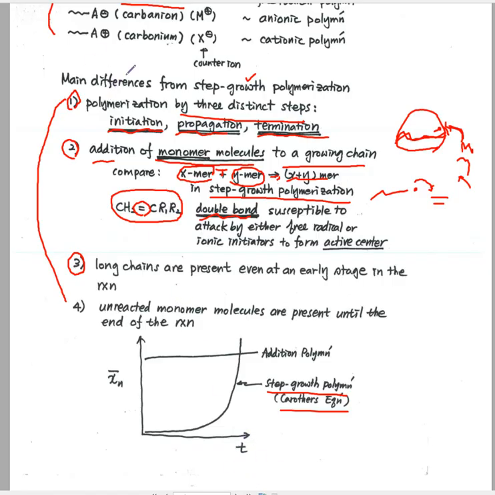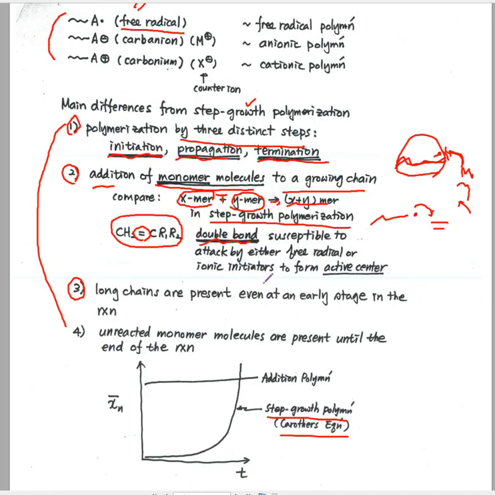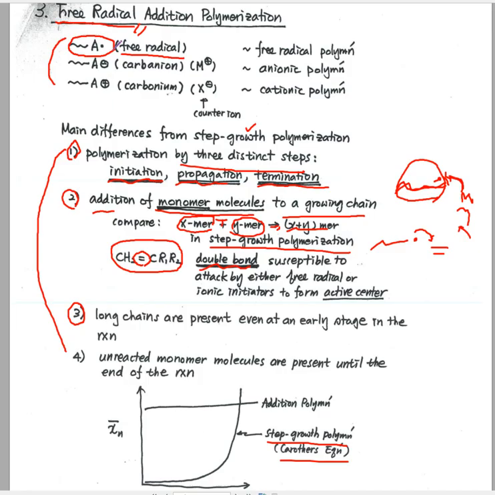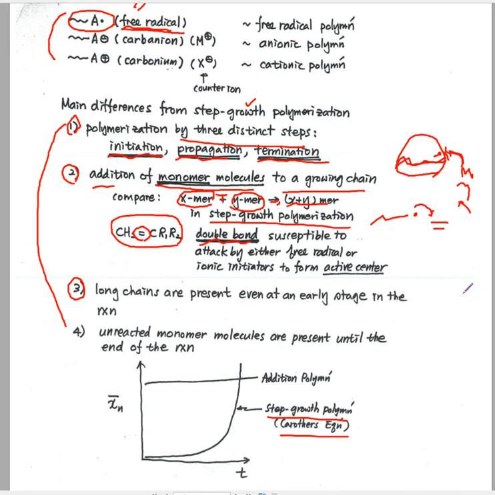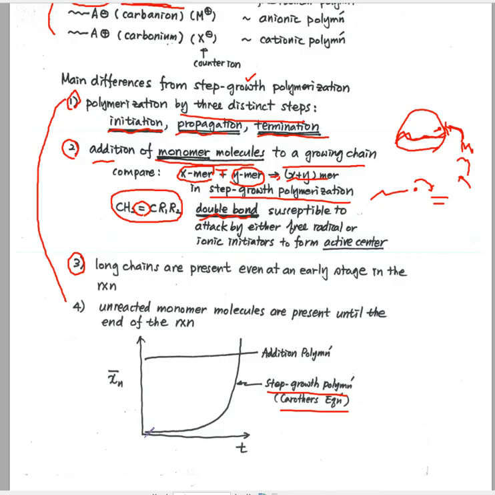But in free radical polymerization, we have free radicals, and if you recall from organic chemistry class, free radicals are highly reactive species. So they can attack monomers really quickly, one by one, in a much shorter time. So even at an early stage, even after a short time after beginning the reaction, we can achieve very high molecular weight.